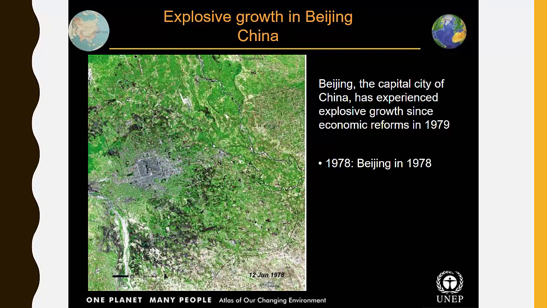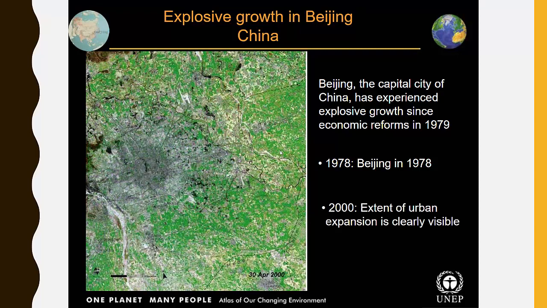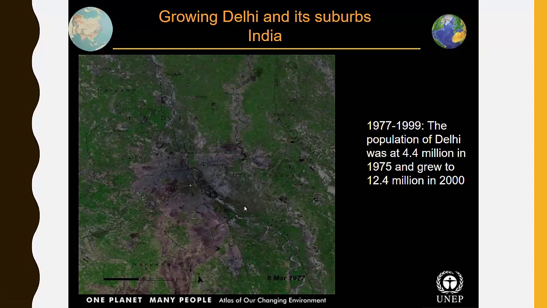And they've embraced more capitalist policies, and that's led to just ridiculous growth. Look at Beijing in 1978. Look at the gray areas and how far they stretch outward. All right. That's 2000, just 22 years later. That urban expansion is so visible. The dark gray, right? And then now look at all of the lighter gray, and look at how far it expands throughout the entire length of the map.